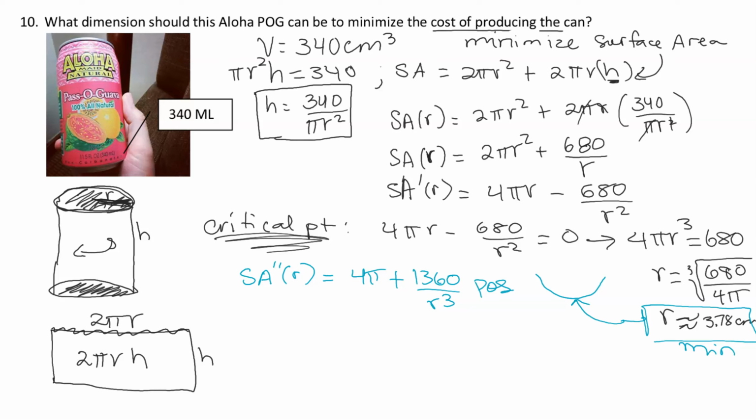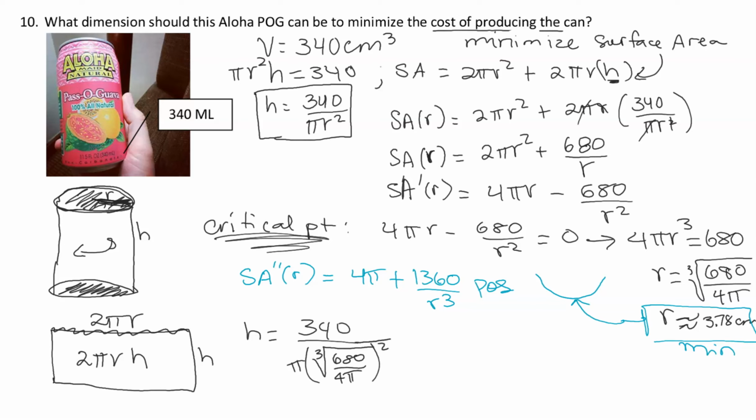R is roughly 3.78. If that is the case, then H is going to equal 340 divided by pi multiplied by the cube root of 680 over 4 pi, squared. That is H, the exact answer.